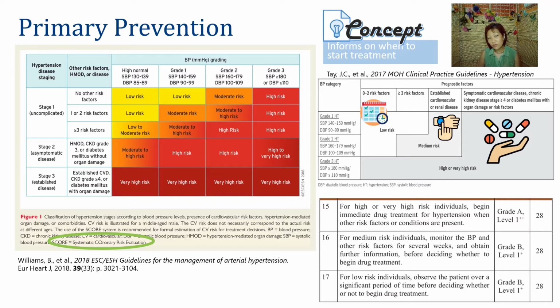As to whether we should follow the European guidelines or the Singapore guidelines, I would say it is probably better to follow the American or the European guidelines, mainly because the data that they reflect tend to be a lot more recent, and there's been a lot of recent data to suggest that the lower the blood pressure, and up to maybe even 120 something, 130, the better the clinical outcomes with respect to cardiovascular deaths.